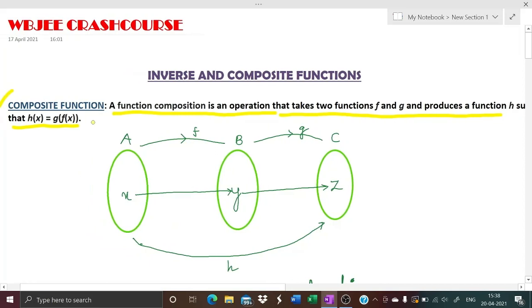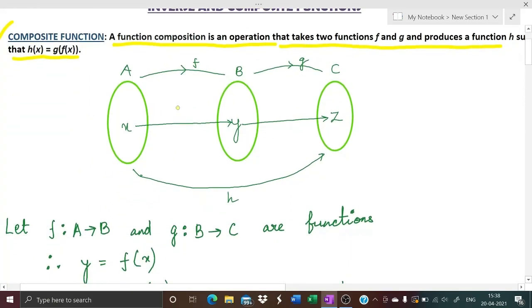From the Venn diagrams, you can see that suppose there is a set A which has not only one element, but say 10 or 15 or a finite number of elements, termed as X. B is another set which has elements such as Y1, Y2, which as a group are termed as Y. And in the set C, you have elements Z1, Z2, Z3, and so on, which are termed as Z.